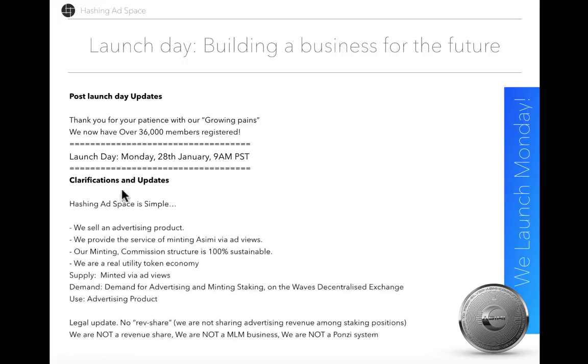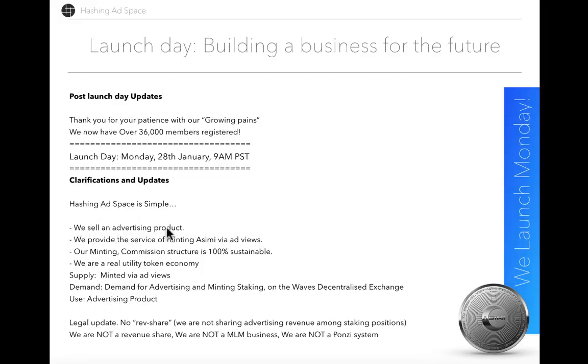First, I want to start by just covering the Hashing Ad Space concept quickly. I know we have been going over this a little bit lately, but it's important that everybody has a firm grasp on what Hashing Ad Space is. And in my mind, it is very simple. I know it can sound complex and hard to understand, but it really is a very simple business model. And it is that we sell an advertising product.